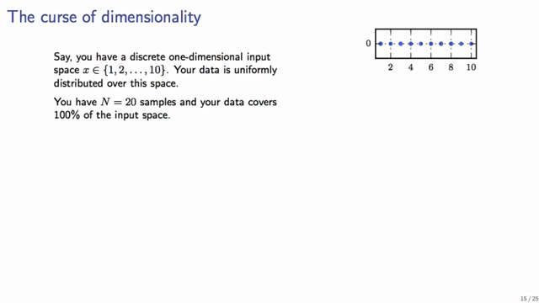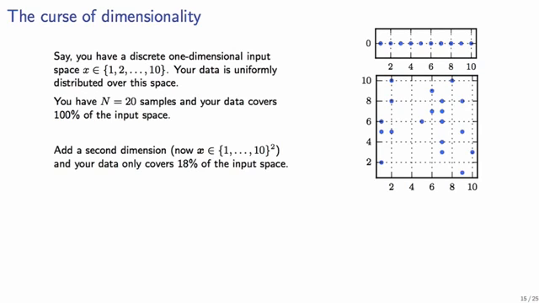Another thing that can cause some problems for k-NN, or in general in machine learning, is the curse of dimensionality. Let's say we have discrete data between 1 and 10. Then if we randomly draw 20 samples, it could happen that our data covers exactly 100% of the input space.